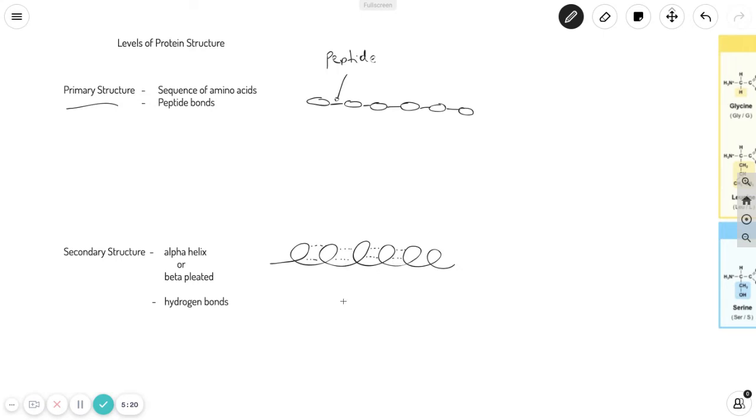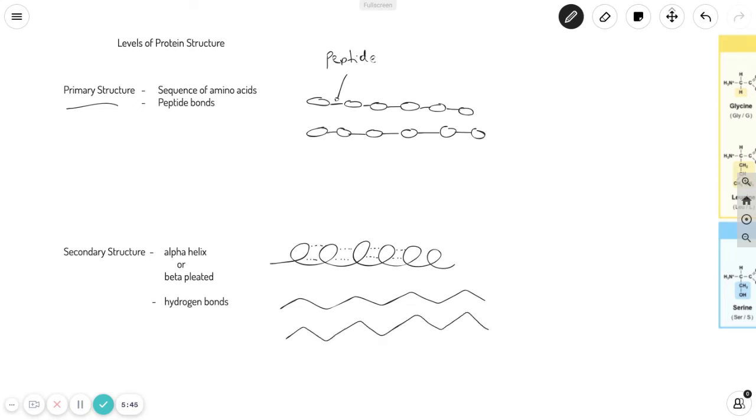Or another thing that can happen is, so imagine there's two chains like that. If two chains come into a line like this together, they can actually do something else. They can pleat like this. So there's one chain, and there's the other one.